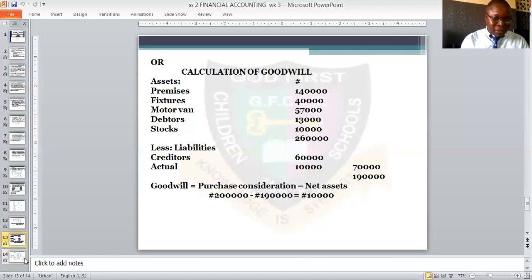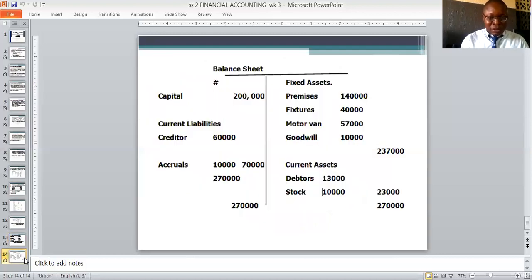So then the next one, the last one here, is to look at how our balance sheet will look like. Mind you that we are given a capital of 180,000 in the question. So we are not going to use it again. We are going to use the purchase price.